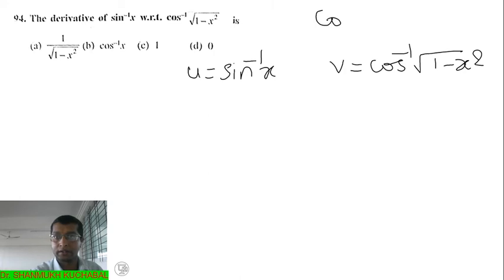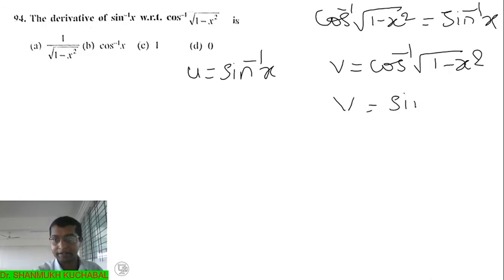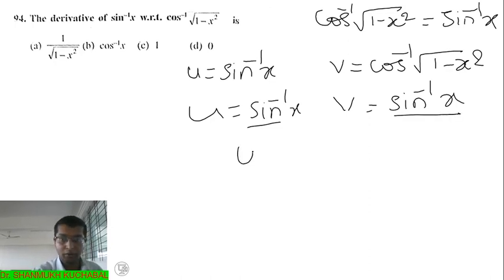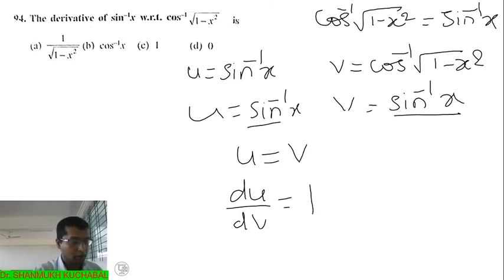So cos inverse of root of 1 minus x square can be written as sine inverse x. So I can write v equal to sine inverse x, and u is sine inverse x only. Further, the RHS are the same, so we equate u equal to v, and the differentiation of u with respect to v is du divided by dv equal to 1. So C is the right answer.